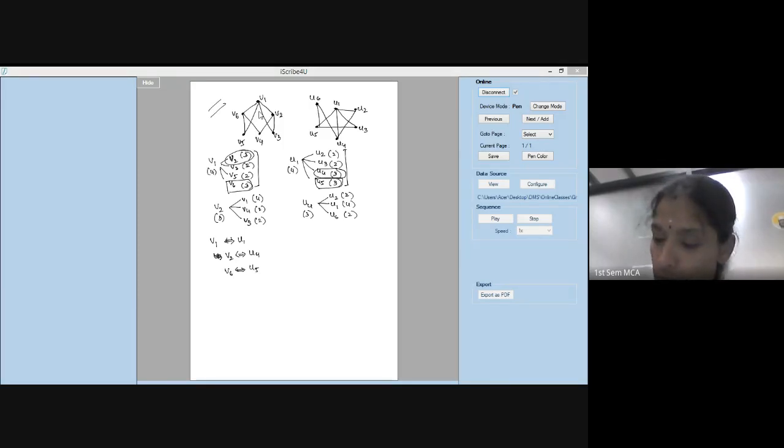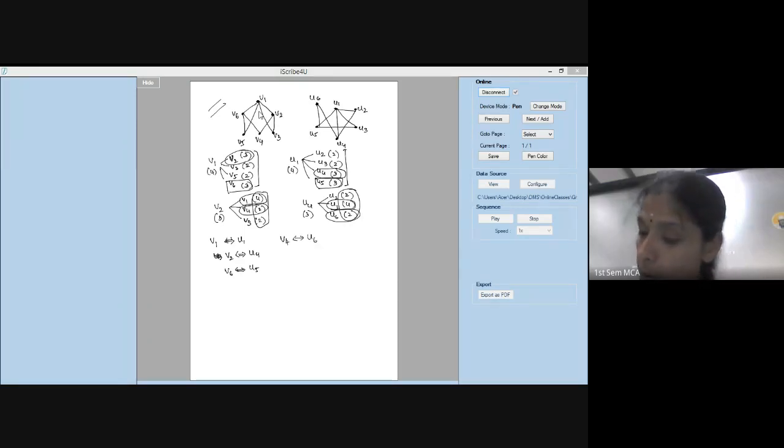Okay. Next, what can I infer? Here if you observe this part, 4, 2 and 2. Here also 4, 2 and 2. So U1 is of degree 4, V1 is of degree 4, that we have already said is equivalent. Then V4 is of degree 2, U6 is of degree 2. So I can say V4 is equivalent to U6.